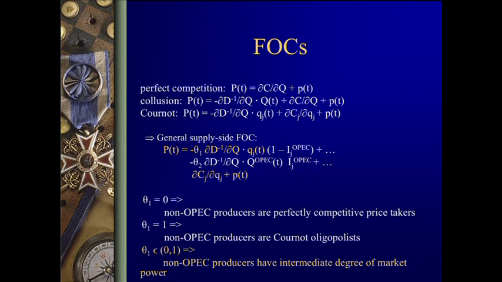And then if theta 1 is between 0 and 1, then the non-OPEC producers have an intermediate degree of market power. So they're not perfectly competitive, but they're also not perfect Cournot oligopolists, but they do have some market power. So this is regarding the first line, regarding the non-OPEC countries.